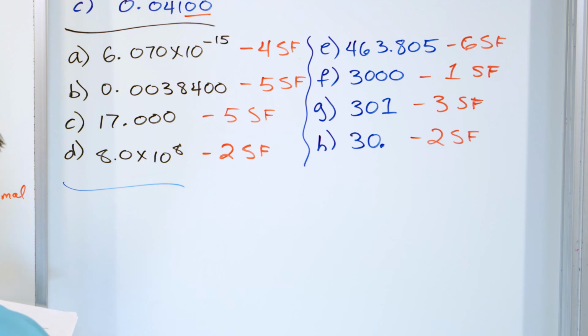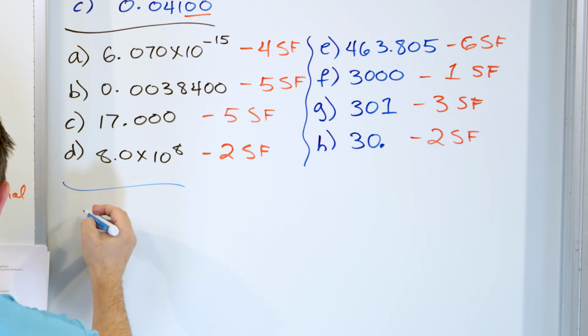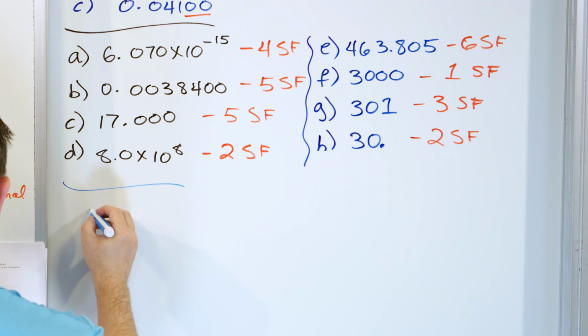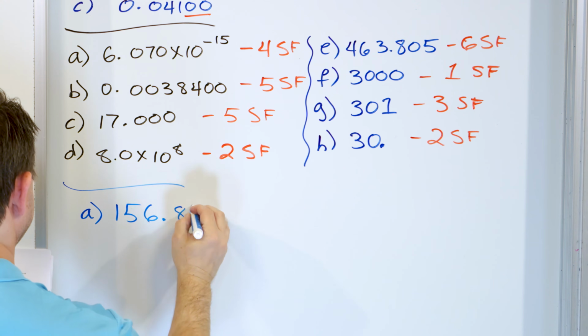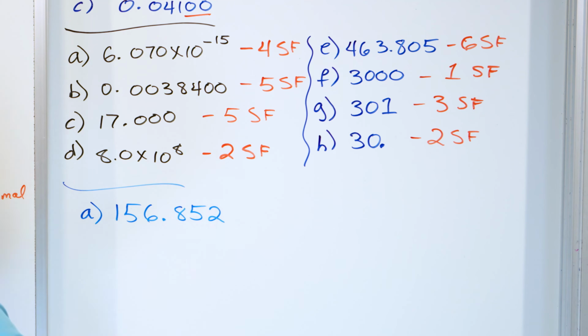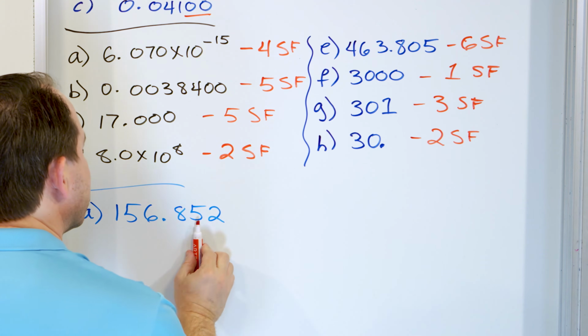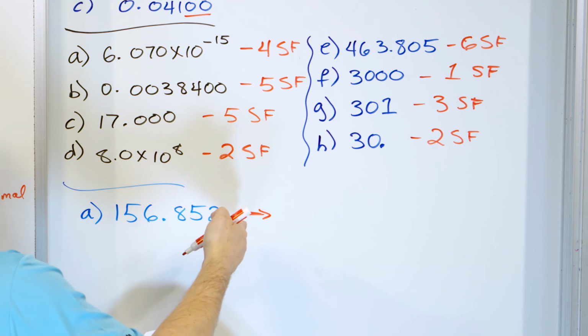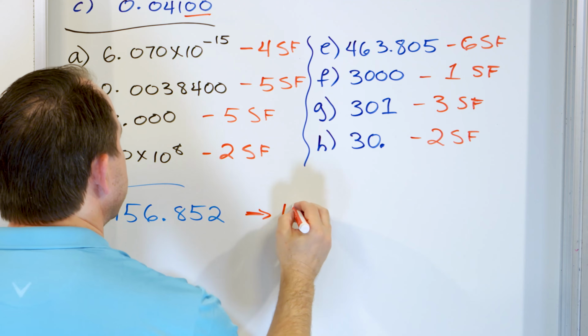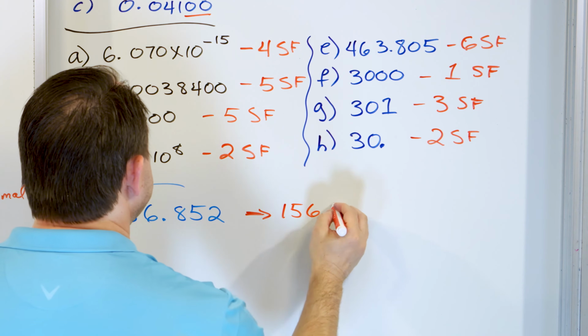All right. Now, in the next problem, we're going to round to 5 significant figures. 156.852. How do we round to 5 significant figures? Well, this is 1, 2, 3, 4, 5. We want to round this guy, and the next digit is a 2, so anything smaller than 5 is going to go down, so 156.85.